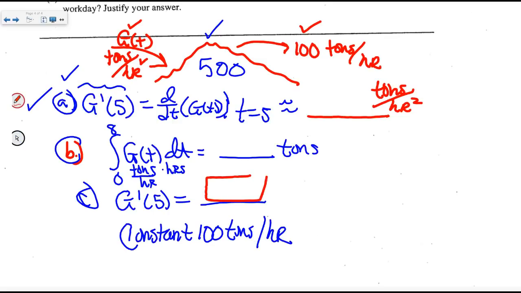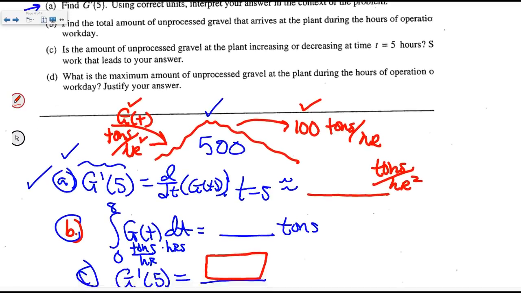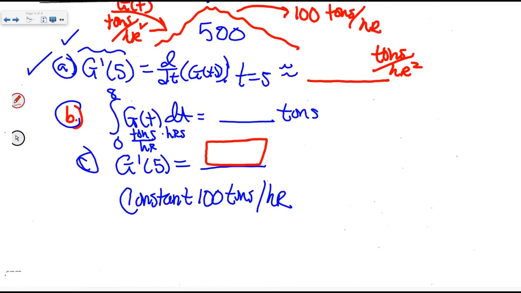If it is bigger, I would say that the pile is increasing. If it's less than 100, I'd say that the pile is decreasing. If rate in is greater than rate out, this pile is going to grow. If rate out is greater than rate in, it will shrink. If they are equal, the pile will remain the same height.